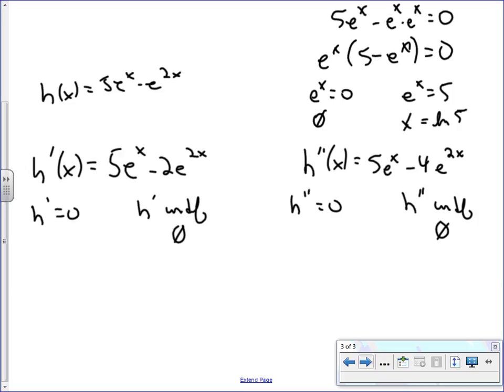But there's no piece of this that's undefined. So this is just like we did for the zeros at the beginning, the x-intercepts, we're going to factor out an e to the x. Like that.